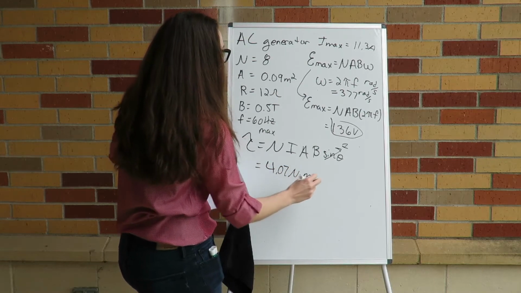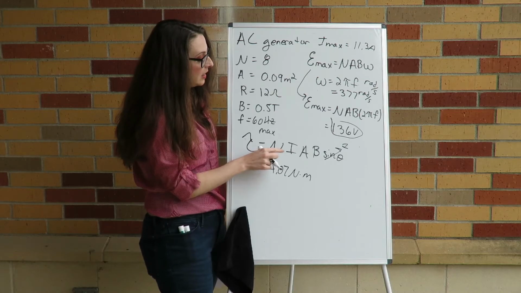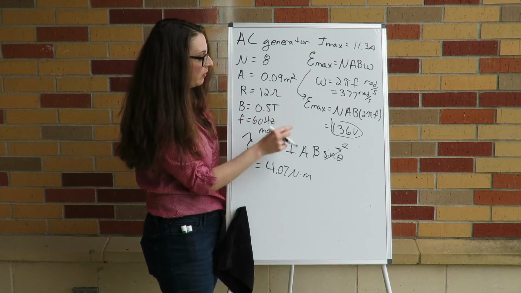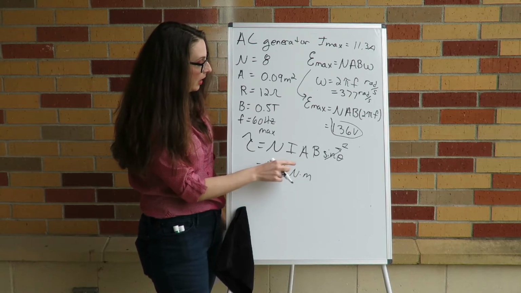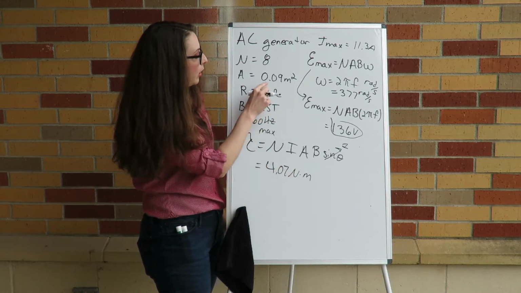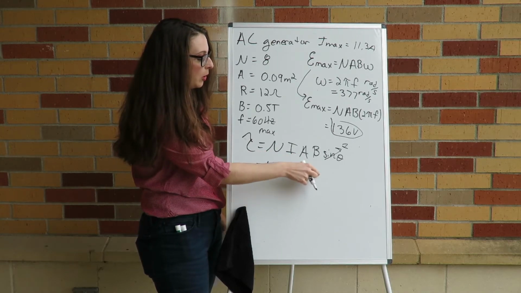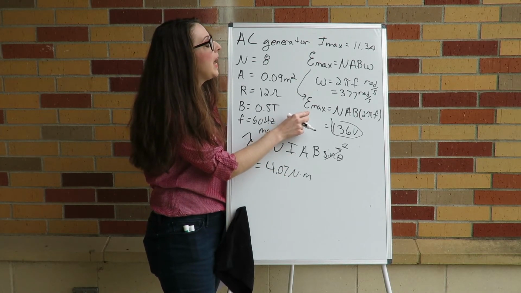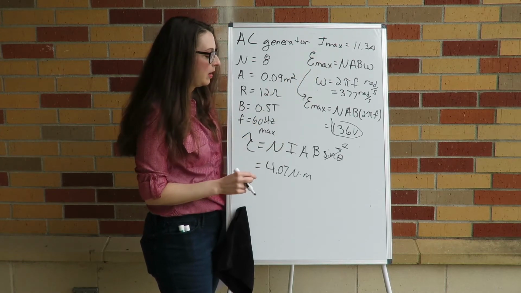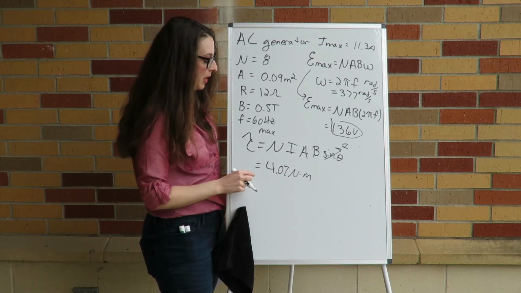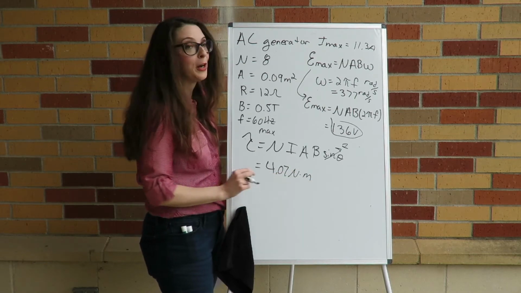So this is 8 times 11.3 amperes times 0.5 Tesla times the area of my loop, 0.09 meters squared. In order to get the maximum torque required to keep spitting out that same EMF and that same current is 4.07 Newton meters. That's the unit of torque, Newton meter.